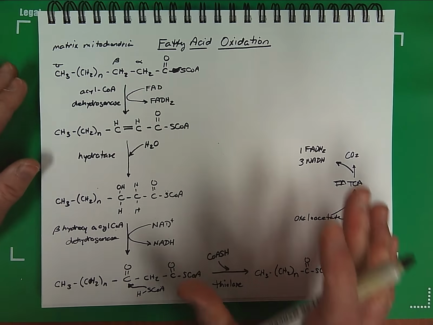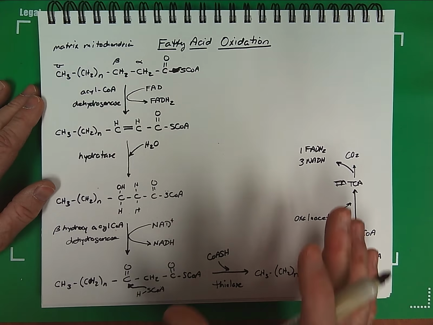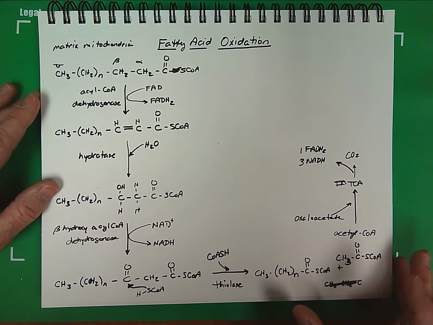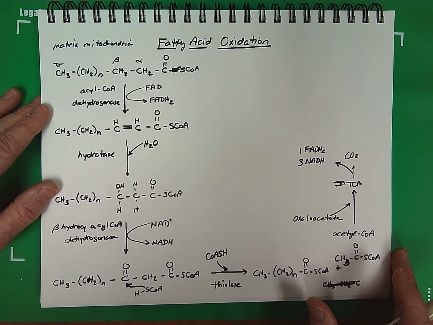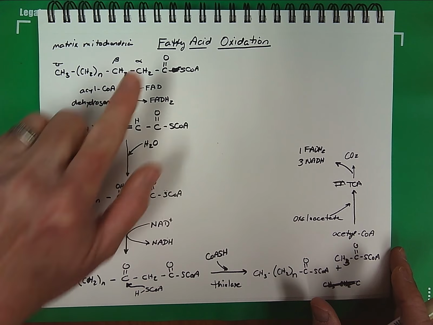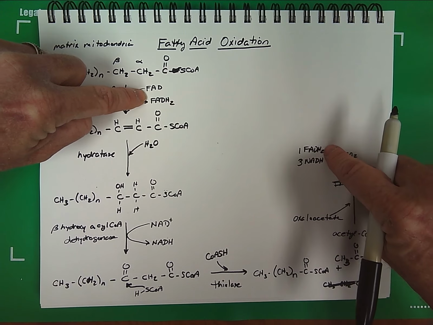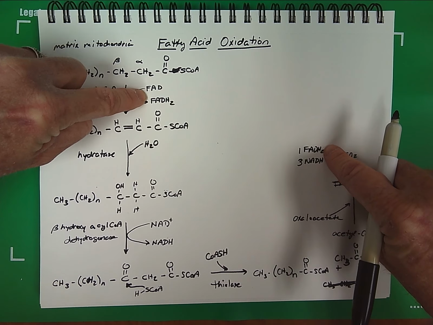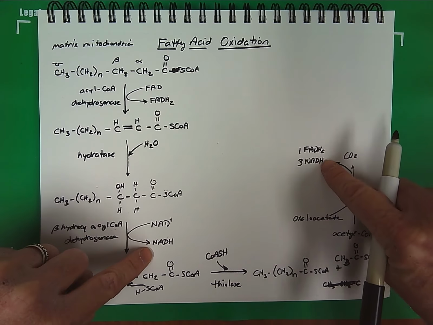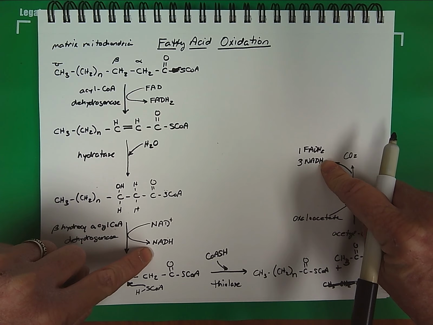Now, just from one round of fatty acid oxidation, notice the amount of energy that we've generated. Just releasing 2 carbons of a fatty acid structure, we've generated 2 FADH2s and a total of 4 NADHs.